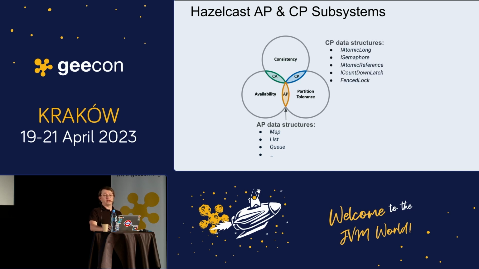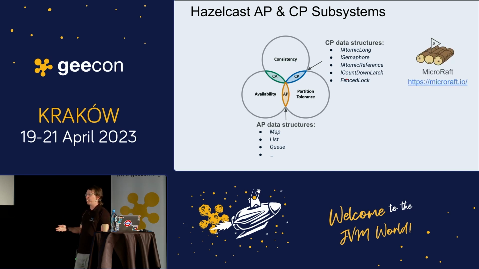And also we have the CP data structures. It is only primitive data structures like atomic long, fenced lock, countdown latch, and so on. For those data structures, we use the Micro-Raft protocol, that is a consensus protocol. So if you would like to build something consistent on top of Hazelcast, you should use those data structures.